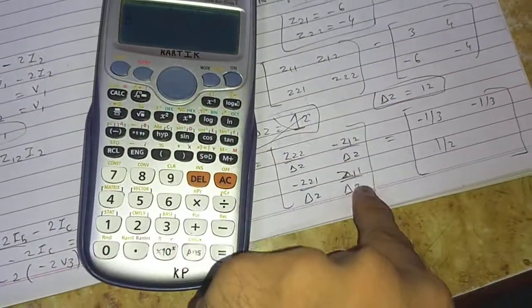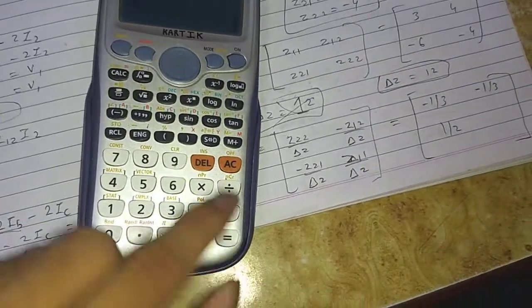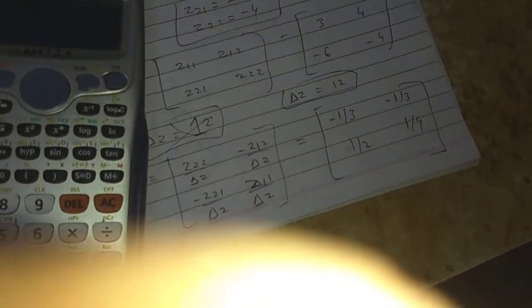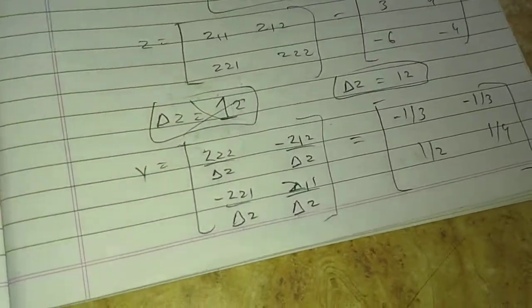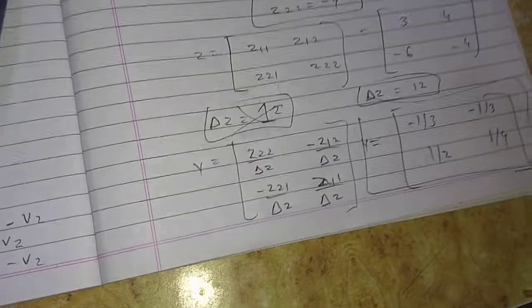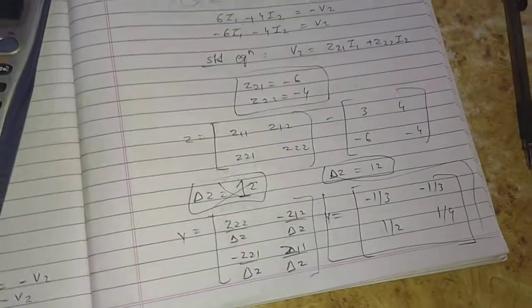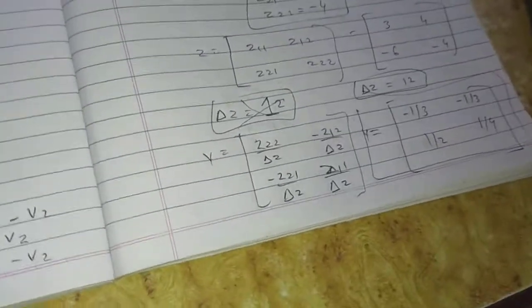So Z11 is there upon delta Z. So 3 by 12, which gives you 1 by 4. And we are done with the calculation of y parameters. So this is my y parameters value. I have done it orally. You have to solve it, because I know the formula, I can directly do it. You can do the sums very quickly.